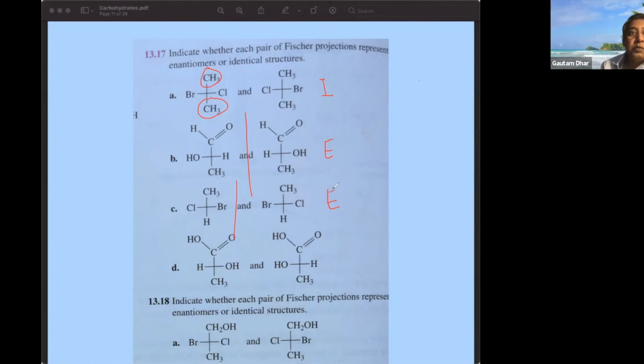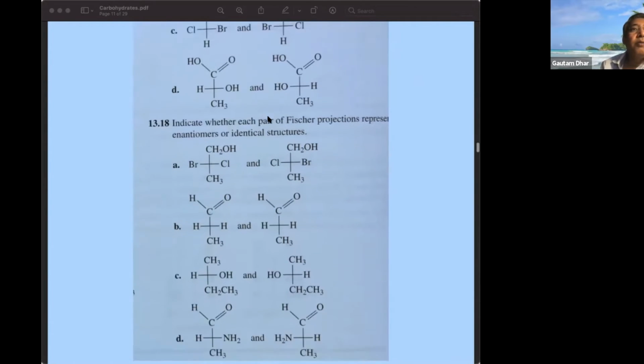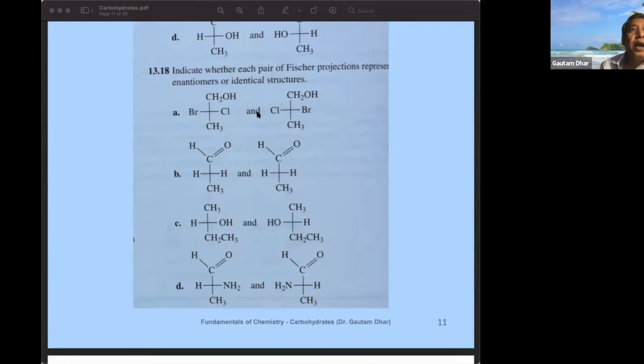How about this one? There are four different groups, and if I put a mirror here, they are reflections of one another, so they are enantiomers. Now, indicate whether each pair are enantiomers or identical. Same question. Four different groups, yes.